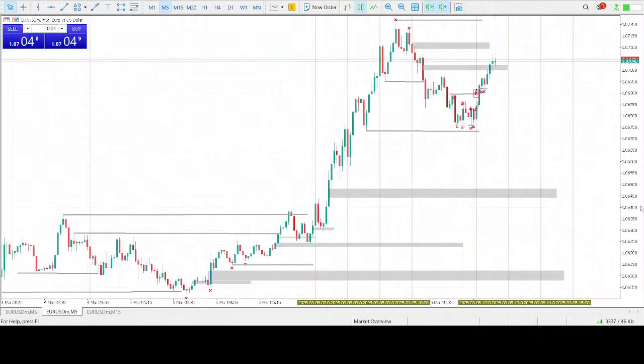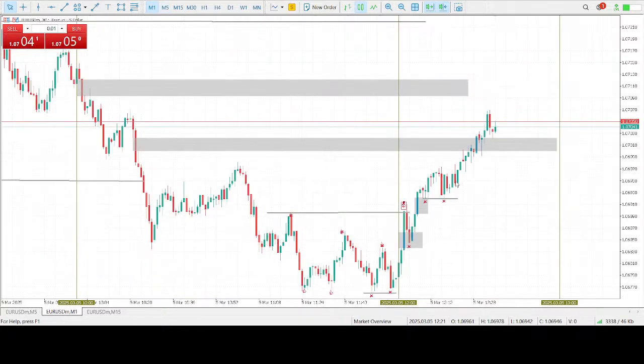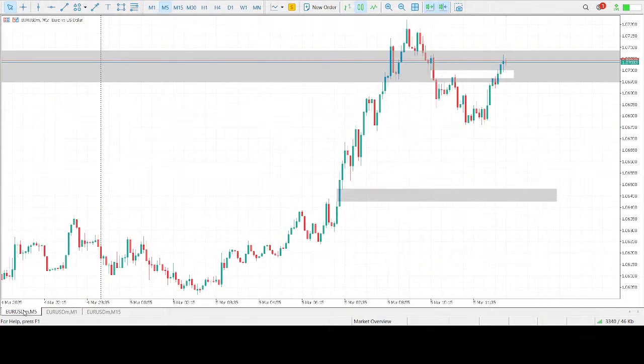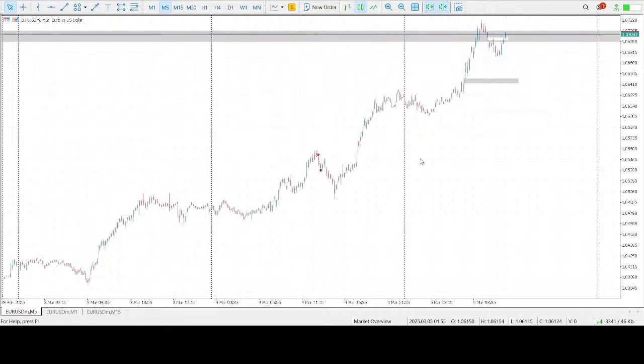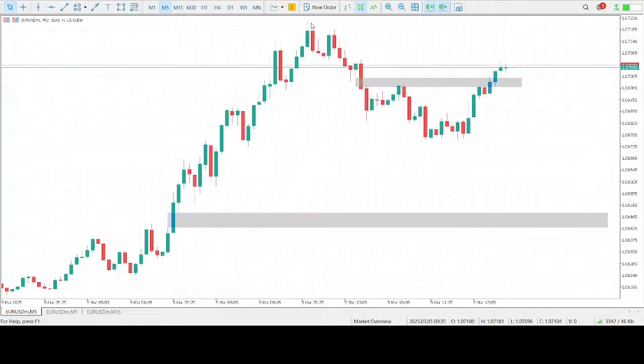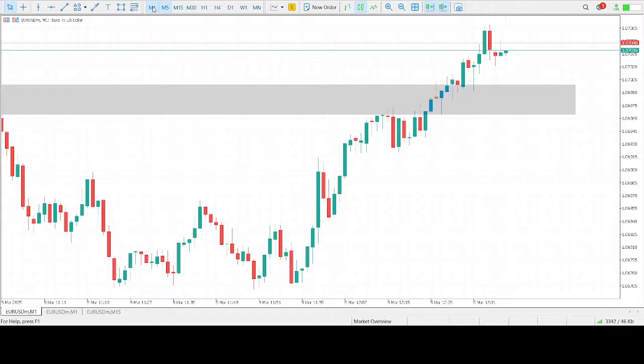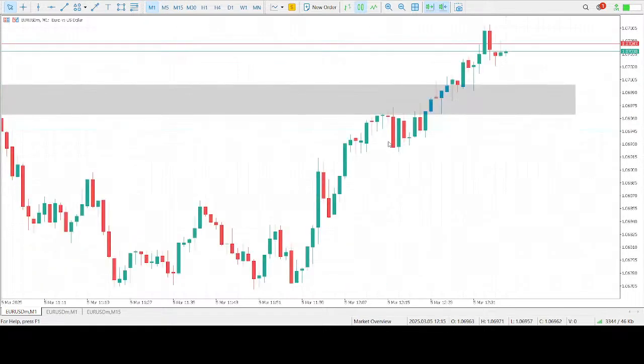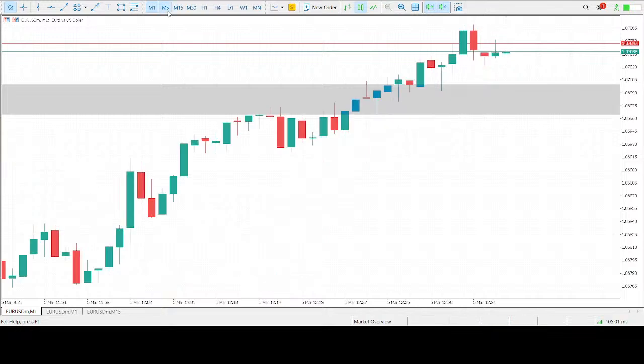Yes, to this price point before rallying up. We have got a bit of a reaction here that could probably permit price to rally above that.